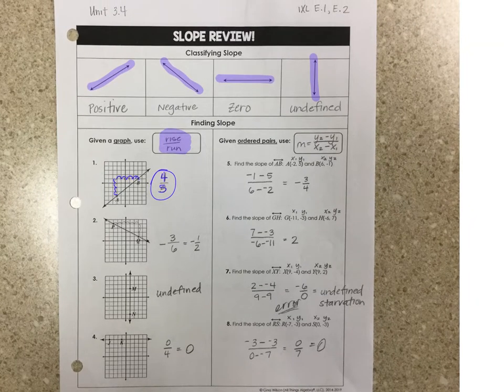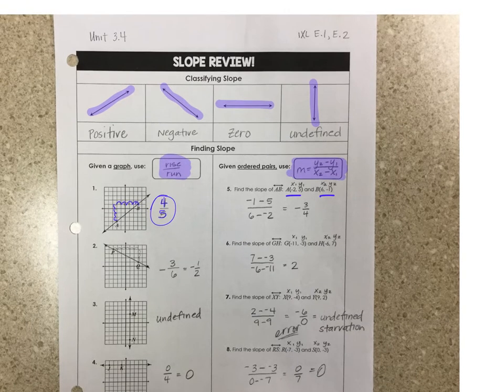And then when we're given 2 points and we want to find the slope, we use the slope formula, y2 minus y1 over x2 minus x1.